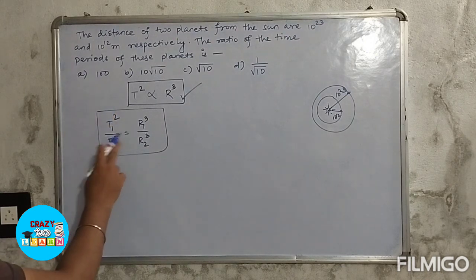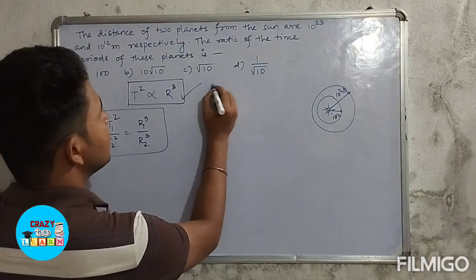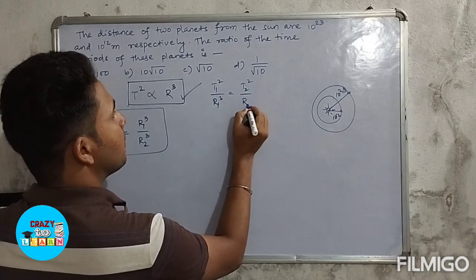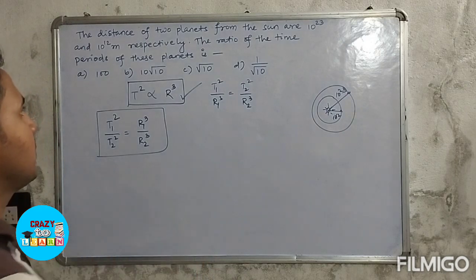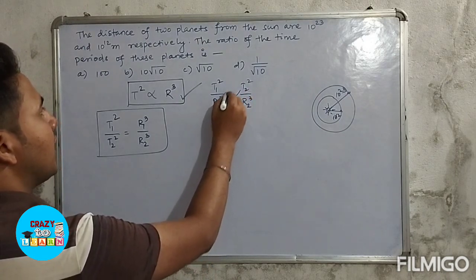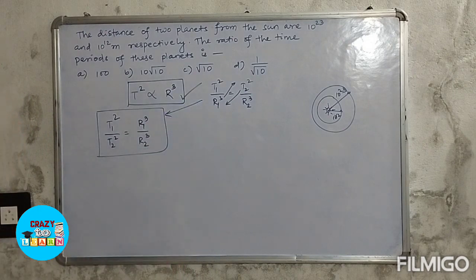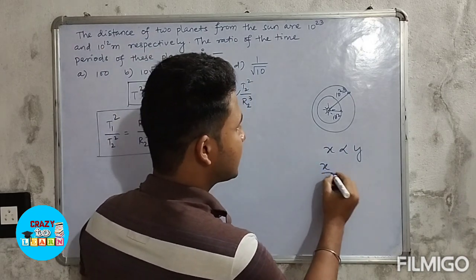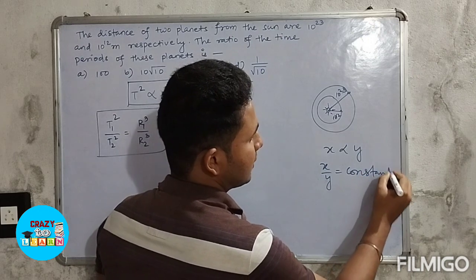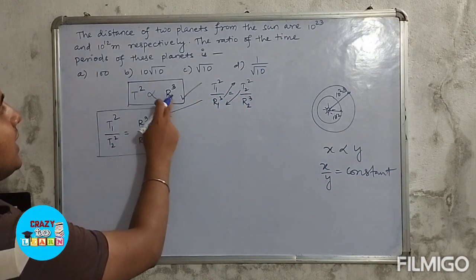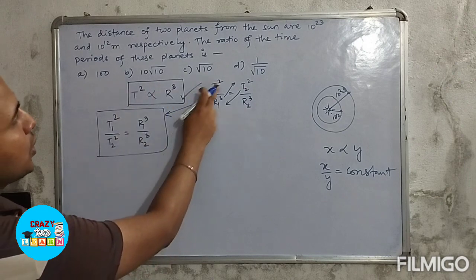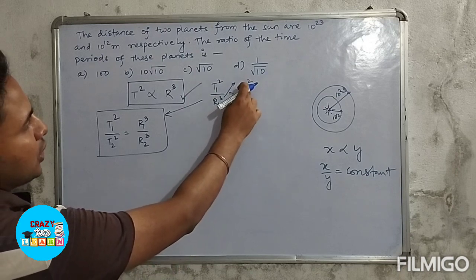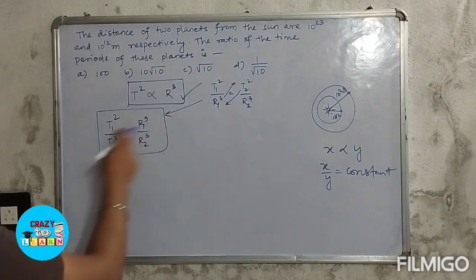So T1 squared by R1 cubed is equal to T2 squared by R2 cubed. Just take T2 to this place and move R1 cubed to this place, and you will get this relation. When x is directly proportional to y, x by y is equal to a constant, so the ratio is the same. Since T squared is directly proportional to R cubed, T1 squared by R1 cubed equals T2 squared by R2 cubed. Then by cross multiplication, we get this relation.